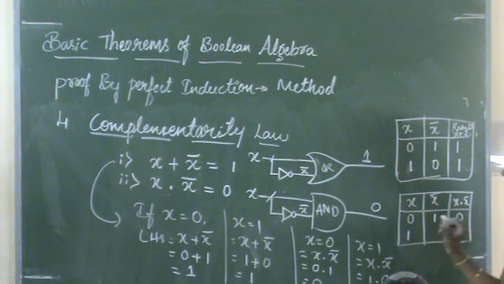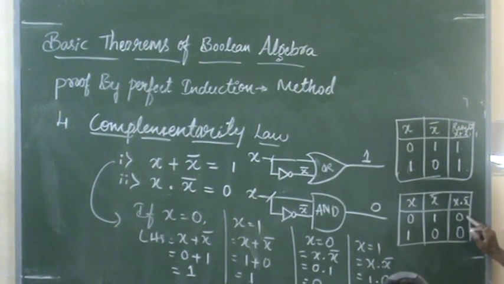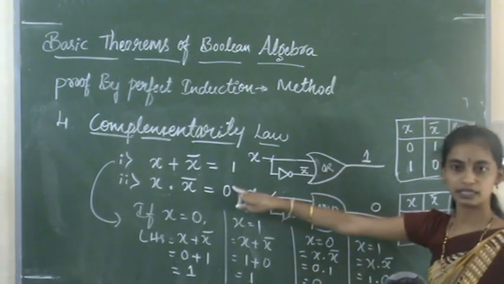If I provide x as 1, what will be x bar? x bar is 0, and 1 into 0 is 0 only, right? So if I provide any of the values, either 0 or 1, we will get the result as 0 only. Okay, so this will be the truth table for this theorem.